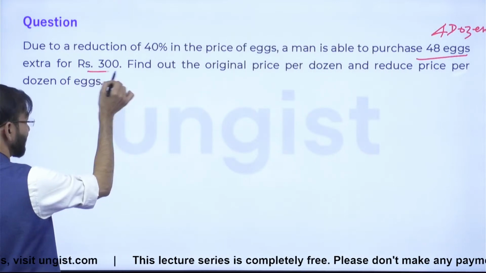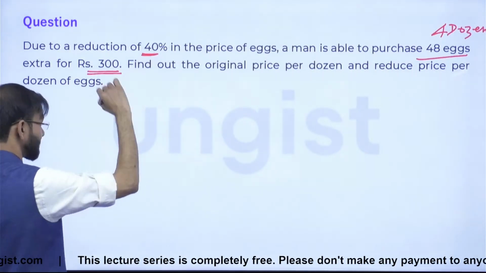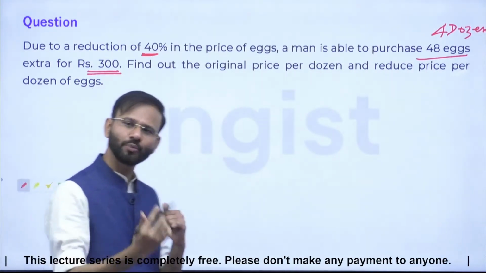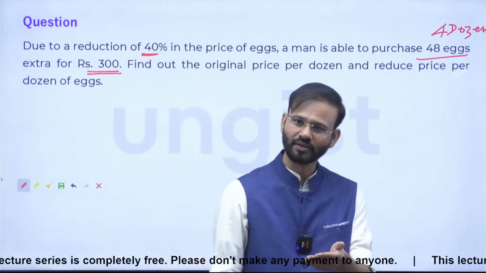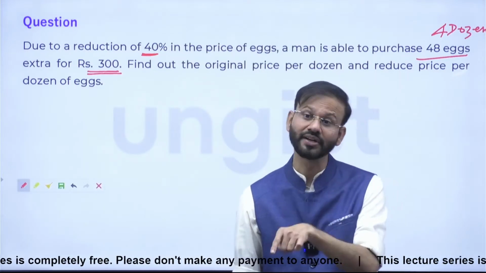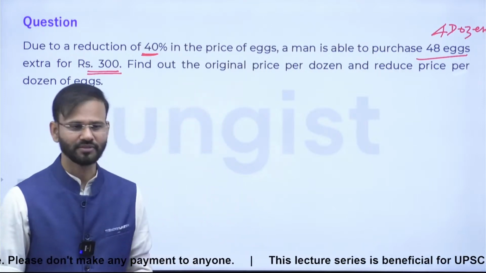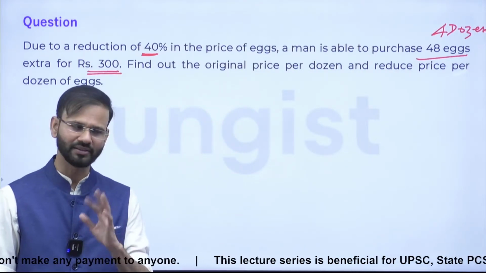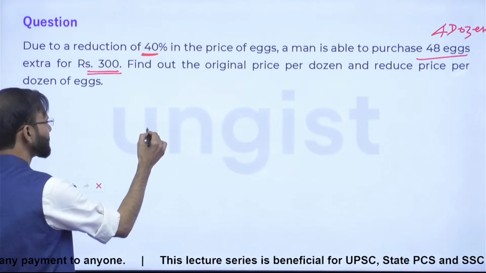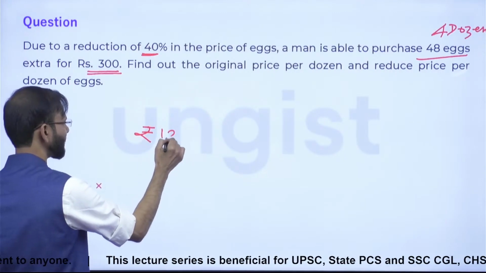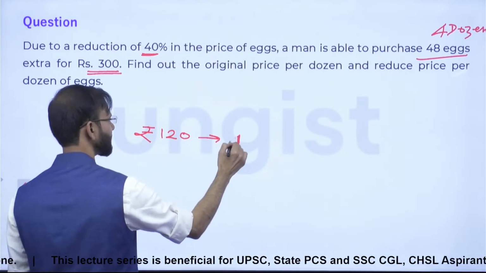This is 300 and 40% reduction. If he is still paying rupees 300, how much extra is he giving? 40% of 300 is 120 rupees. 40 into 30, by 100. So today he is paying rupees 120 extra, and for that 120 extra he is getting 4 dozen.